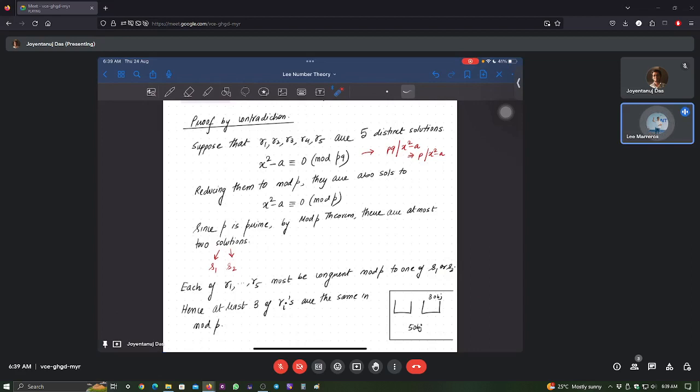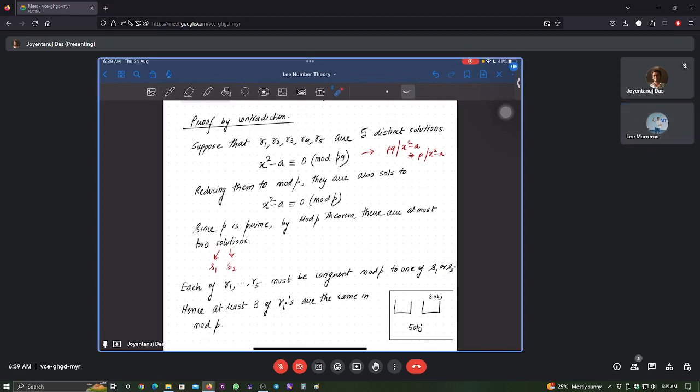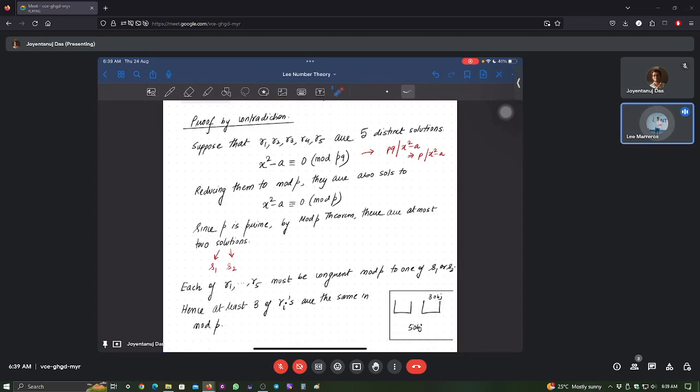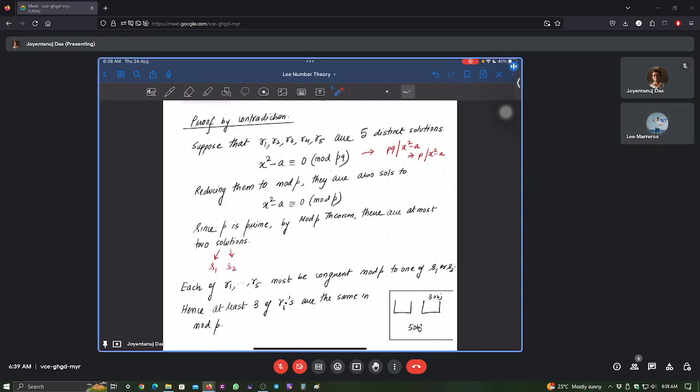Since there are only two boxes and we have five objects, at least one box will have greater than or equal to three elements. If I randomly distribute the objects, the partition can be 0, 5, or 1, 4, or 2, 3, or 3, 2. So any one of the boxes will contain at least three objects.